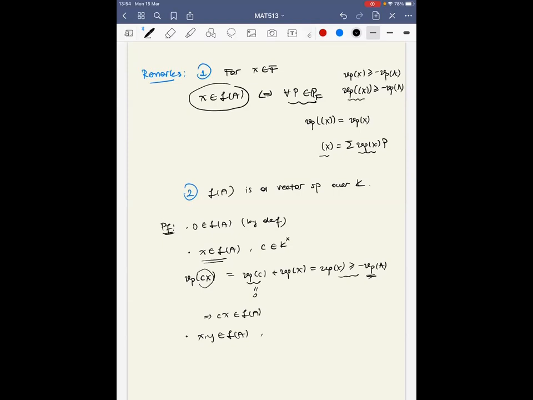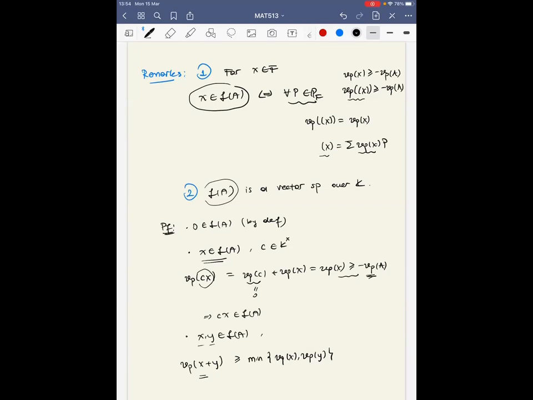And to see that this set, this L of A, is also closed under the addition, let me consider two functions x and y. If you consider the valuation at every P, by the strict triangle inequality, we can say that the valuation of their sum is bounded below by the minimum of their valuations.